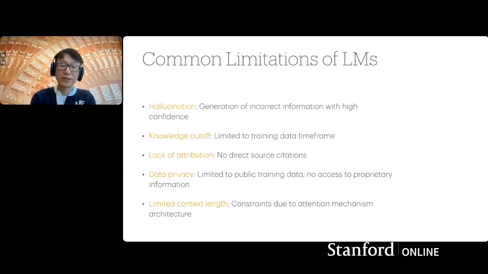Hallucination is a well-known issue, where models can sometimes or oftentimes generate incorrect information, particularly if it's related to some computation or some other specific area. This is a problem that we want to avoid in your application domain.